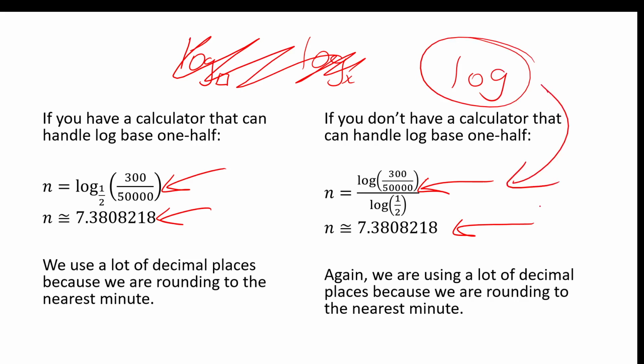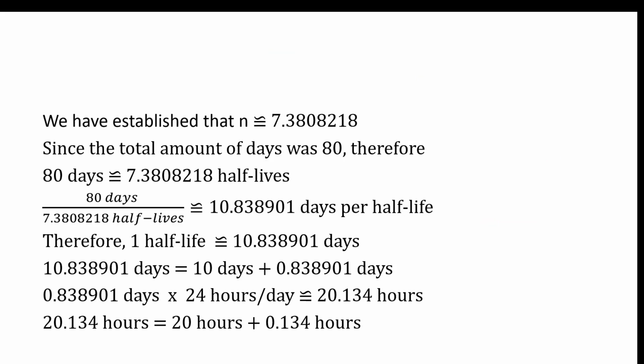Okay, now we want to round to the nearest minute, so I'm using a bunch of decimal places. Now we know n is roughly 7.3808218. Now the total amount of days gone by was 80. So that means 80 days is roughly equal to 7.3808218 half-lives. If it's a half-life question, n is the number of half-lives.